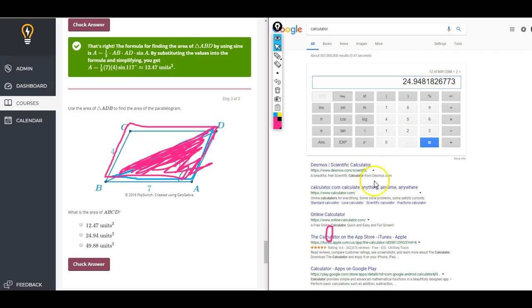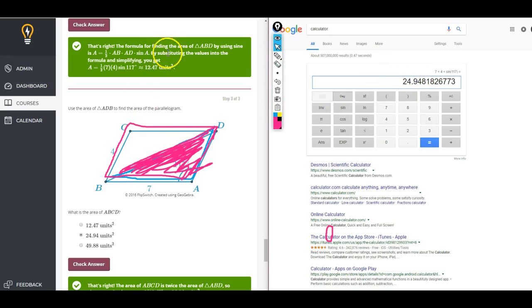Multiply that by 2, and that's 24.94. Again, if we had 7 times 4 times the sine of 117 degrees, it's 24.94.